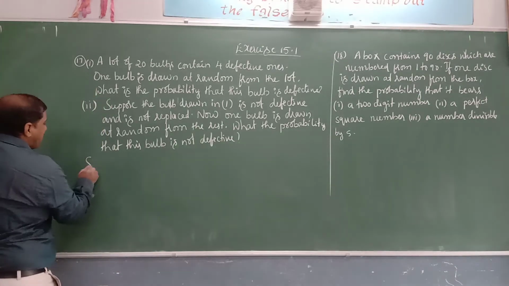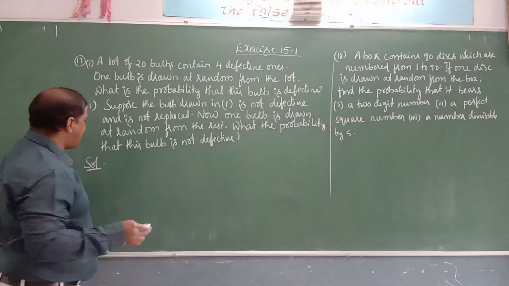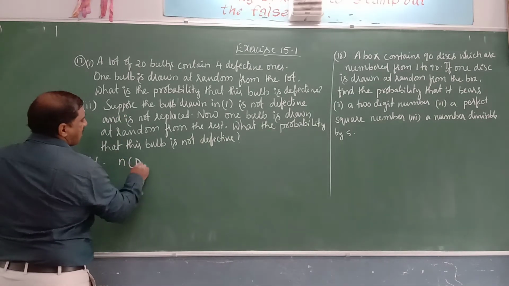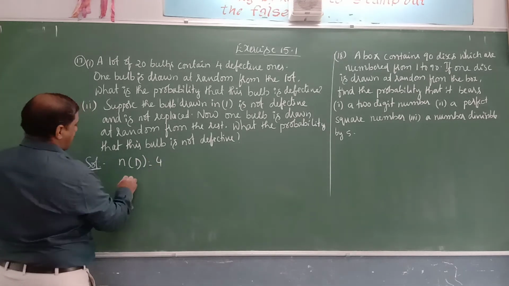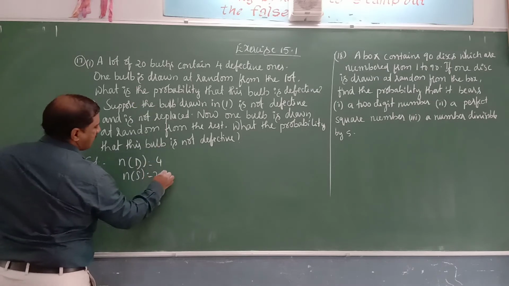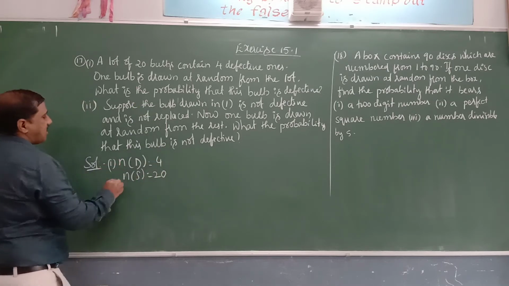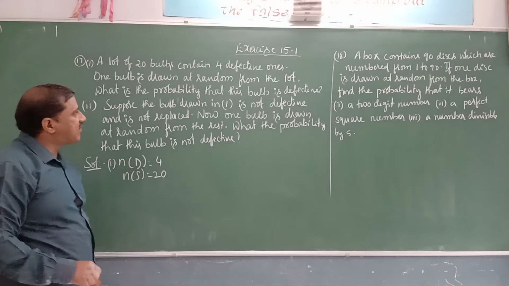So how many defective bulbs are there? Here it is, defective bulbs are 4. You can take it as n of D. n of D means the number of defective bulbs, 4, and n of S means the total number of bulbs. How many are there? 20 bulbs are there, and in that 4 bulbs are damaged ones, that is defective ones.